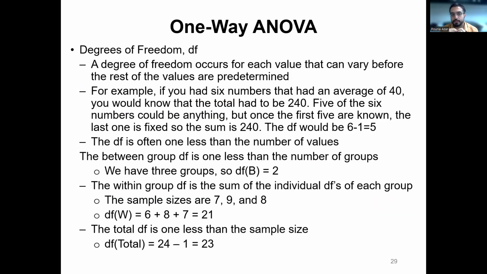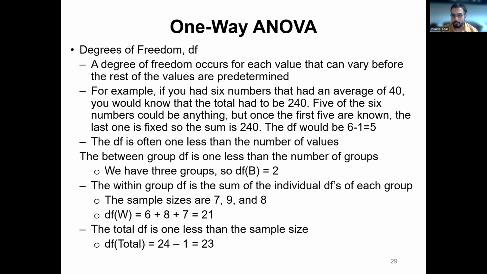A degree of freedom occurs for each value that can vary before the rest of the values are predetermined. For example, if you had 6 numbers that had an average of 40, we would know that the total had to be 240. 5 of the 6 numbers could be anything, but once the first 5 are known, the last one is fixed.